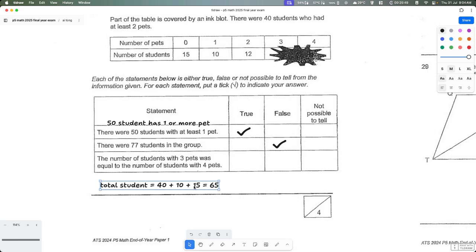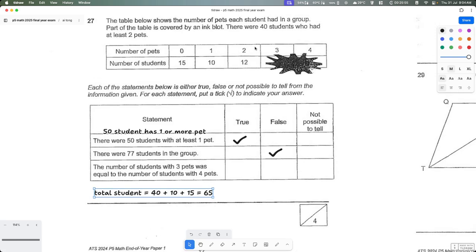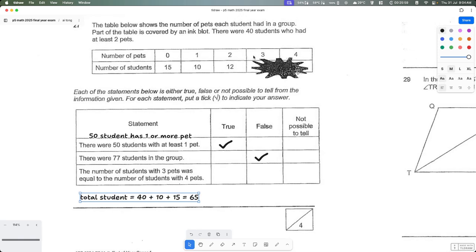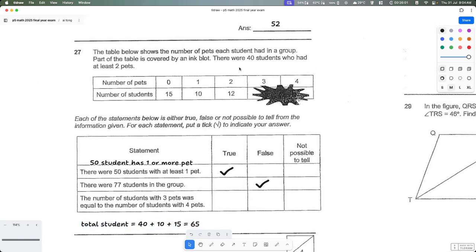Okay, and then last one, the number of students with 3 pets was equal to the number of students with 4 pets. So technically, it's not possible to tell because students with at least 3 pets is equal to 40 minus 12, and this will give us 28.